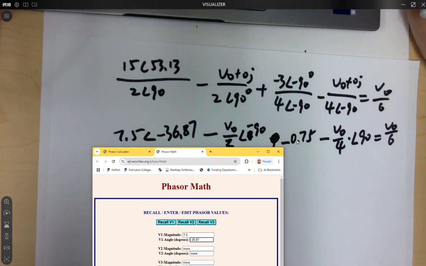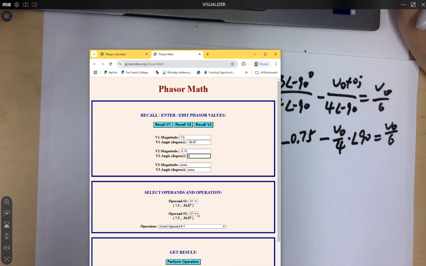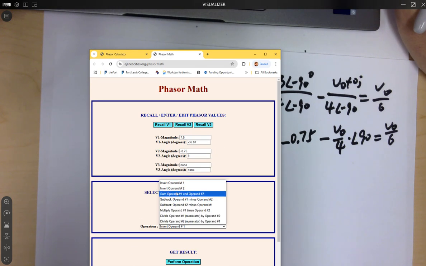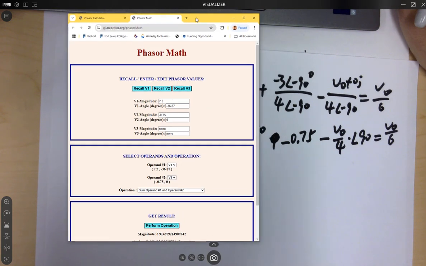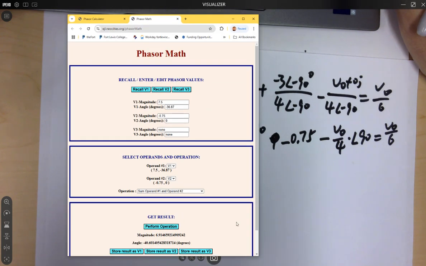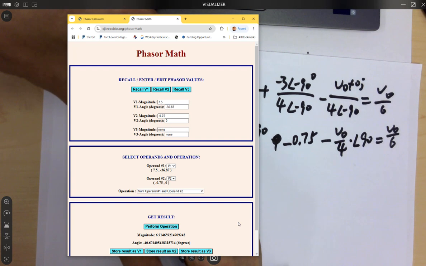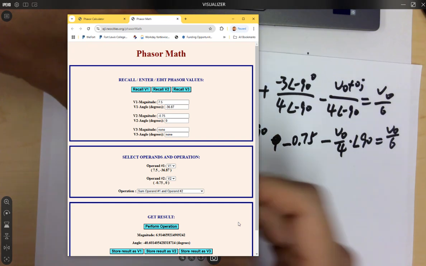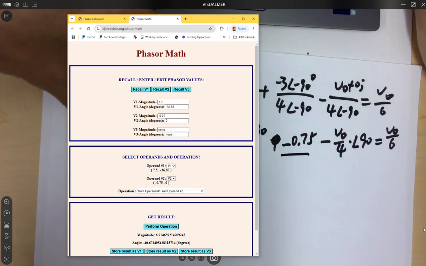Let's add to this guy, which is minus 0.75, and the angle is 0, right? Okay, so let's see, V1 plus V2. Okay, so that becomes 6.91 and negative 40.6 degrees. So that converts these two.